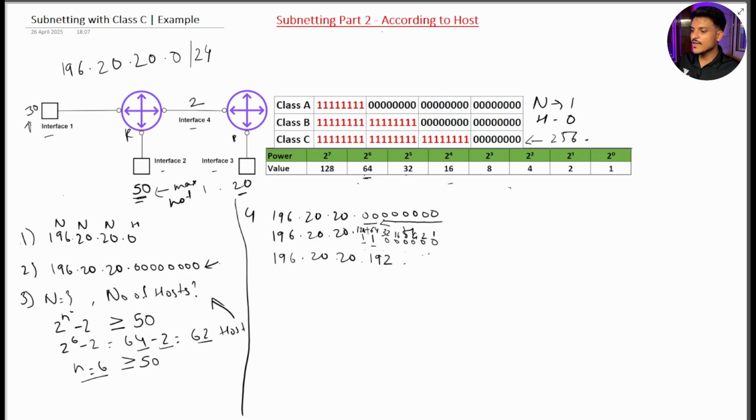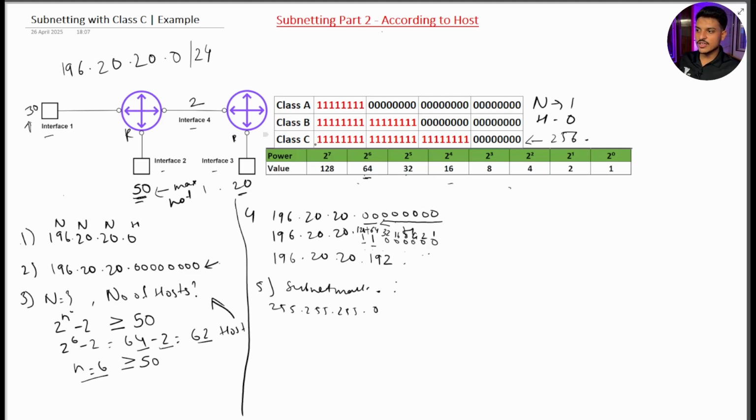Okay, and in the fifth step, we have to find its subnet mask. So by default, what is the subnet mask for class C? It is 255.255.255.0. It is actually the representation of the bits that are given to network.